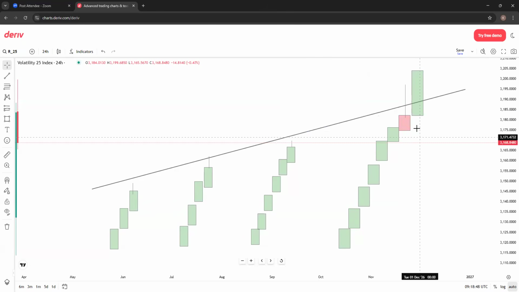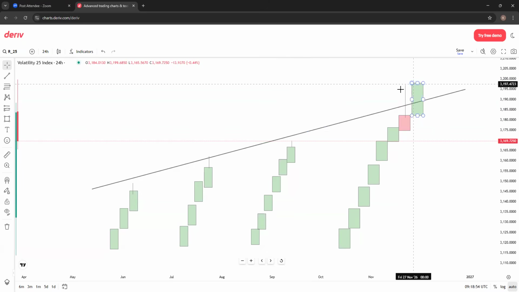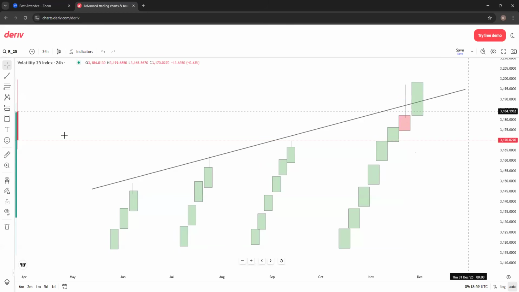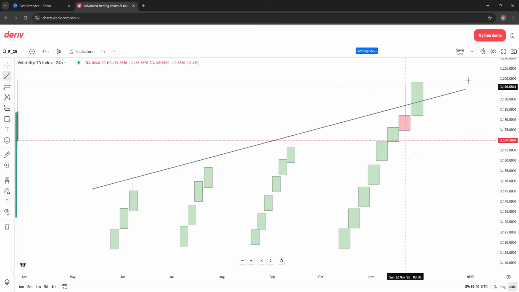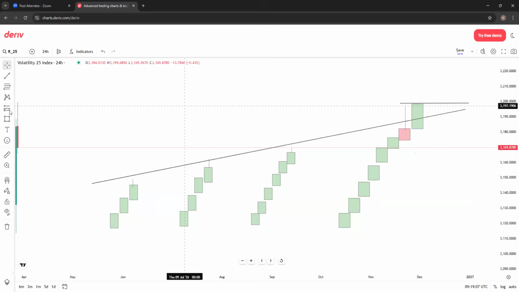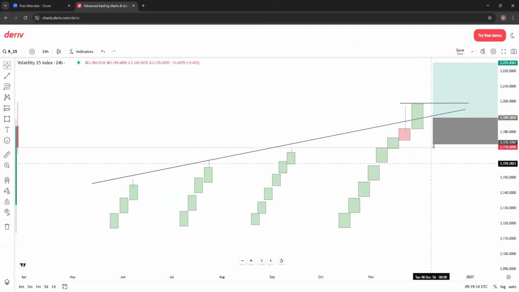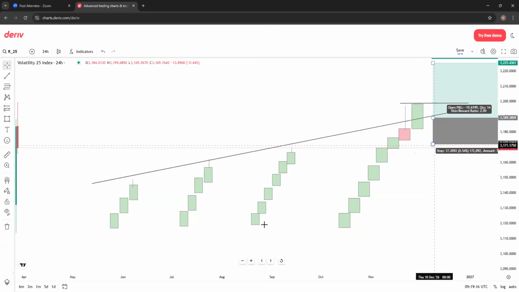So if I waited for a full body break, I would wait for it to come and close even above this tail. And as soon as it closes, I would start taking my entries. Right. And this is where my entry would be. Meaning that if I was going to buy, I'll just put my stop losses wherever I'd put them and go with the trend. With this method, I started hitting bigger trades.